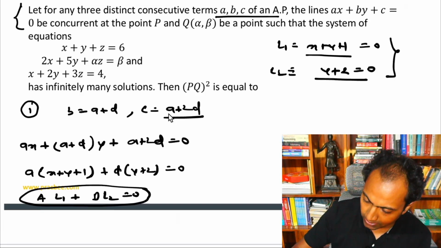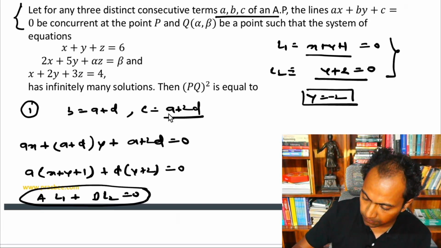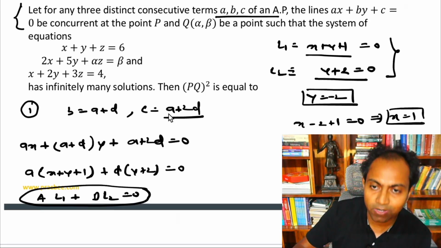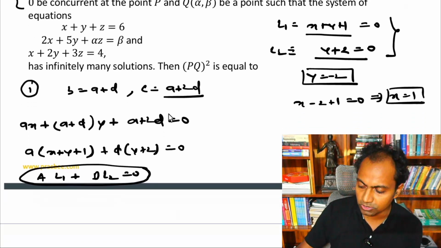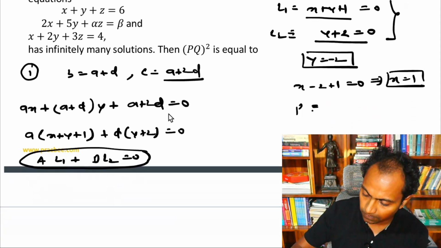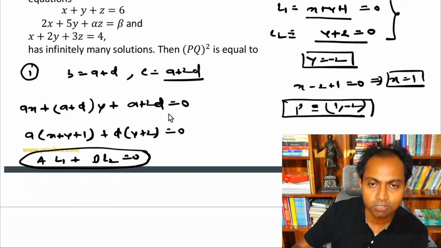So if I need to find the point of intersection of these two lines, y will be equal to minus 2. And if I put this in the first equation, x minus 2 plus 1 will be equal to 0. So x will come out to be 1. So we have figured out the point P in the process. P comes out to be 1 comma minus 2. The first part of the question is done.